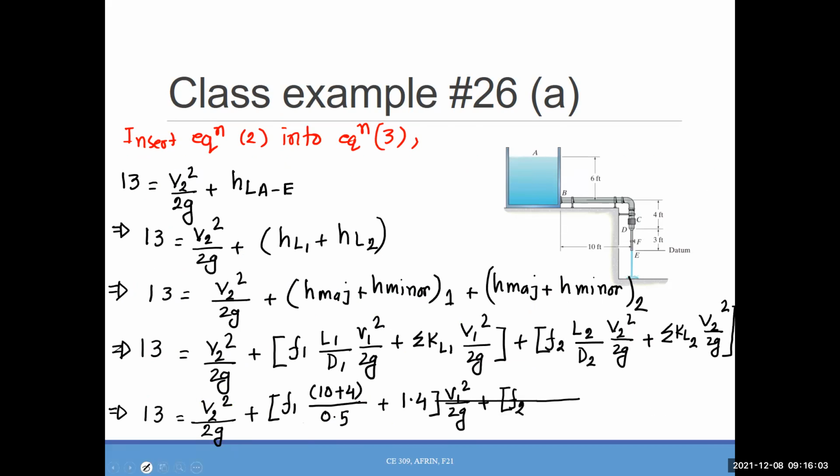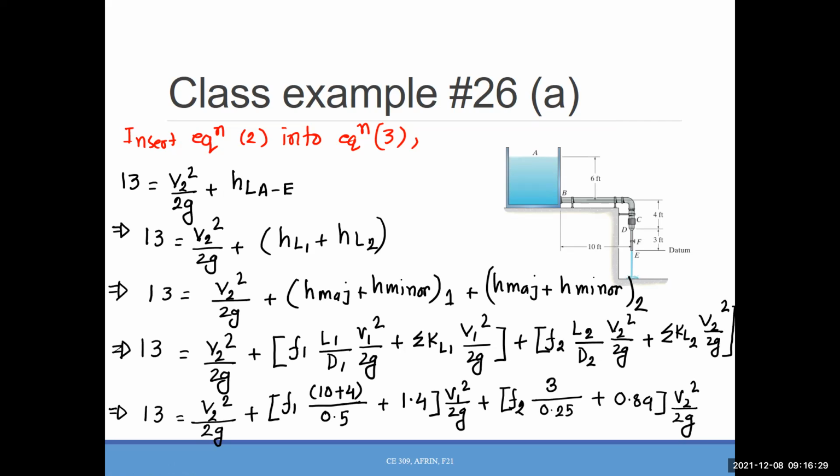What is L2? It's 3 and D2 was 0.25, and summation of KL for pipe 2 was 0.89. So V2 square over 2G. Are we good up to this point?